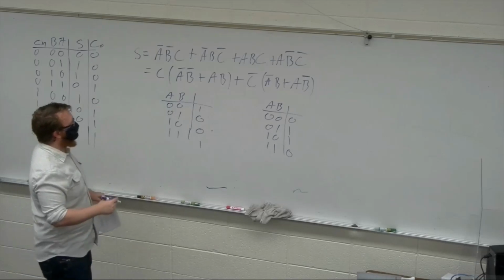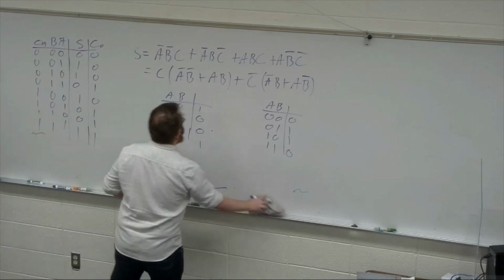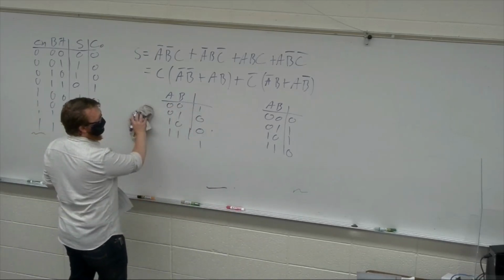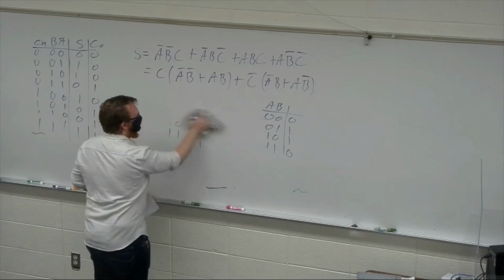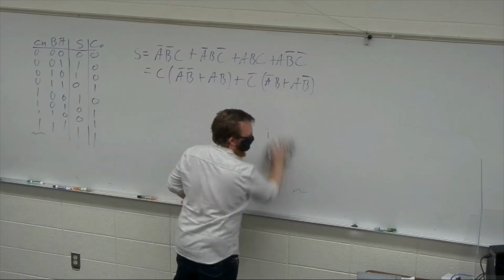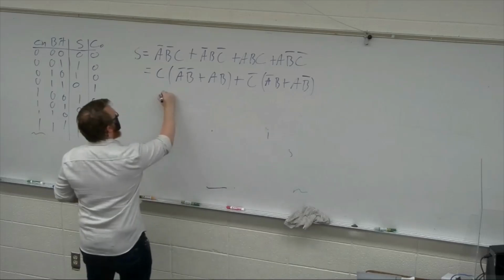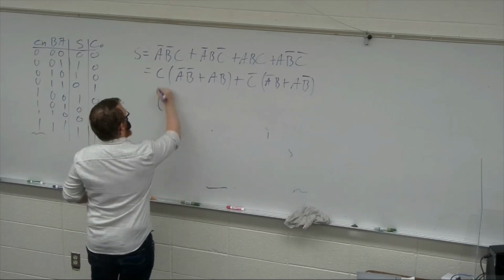Okay, so if I end up with that, XOR and XNOR, then we can simplify this to what?